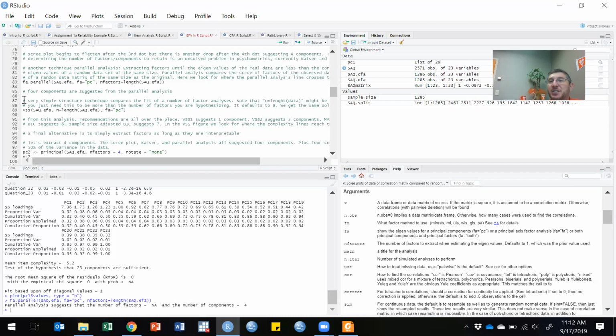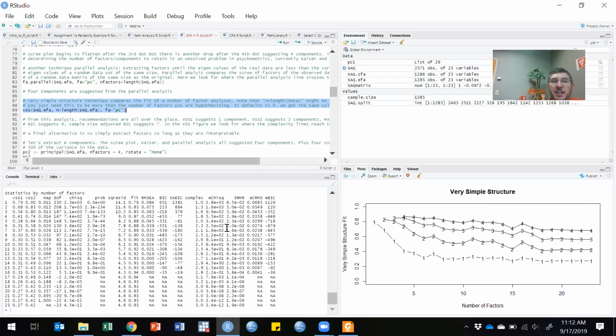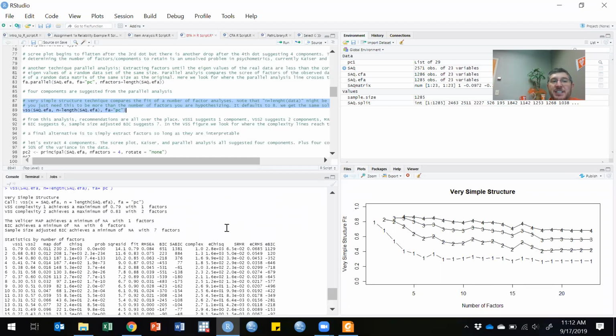There's a very simple structure analysis. I'm not as familiar with all the details that go into this analysis. It's basically looking at the complexity of each of the factors. And you can see here that the recommendations from the very simple structure analysis are all over the place.